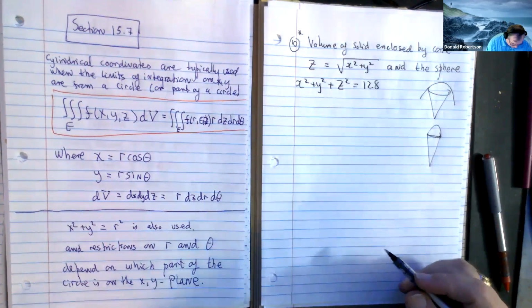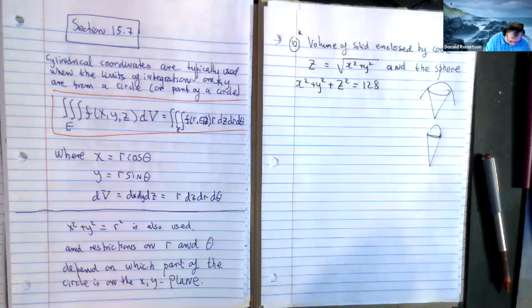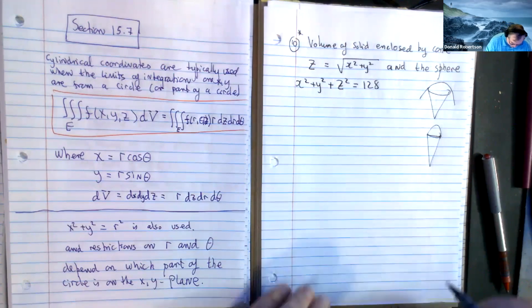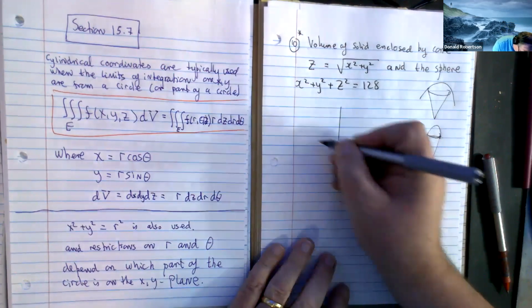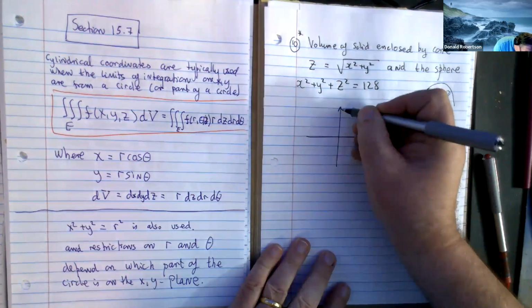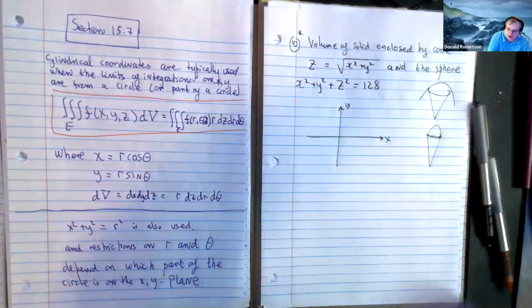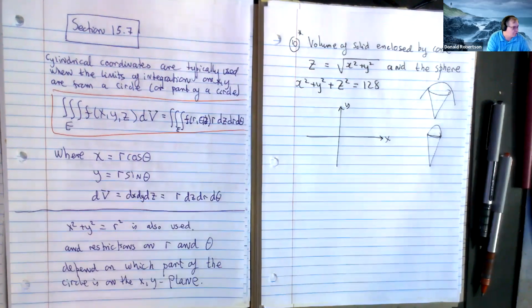So I'm looking at these two guys and I'm trying to first figure out, what does the shape look like on the ground? So what do you get when this shape hits the ground?